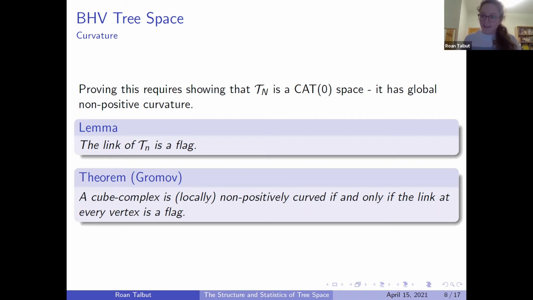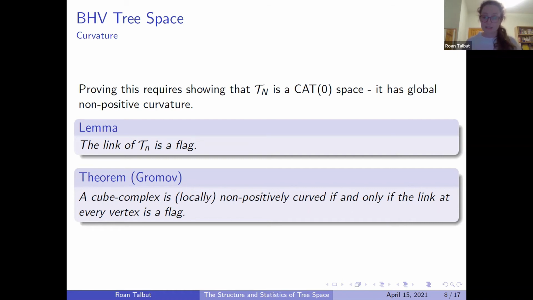When I say flag, this basically means that if we have k vertices in our simplex, and we have the simplex on any k minus one of them, then we must have the simplex on all k of them.